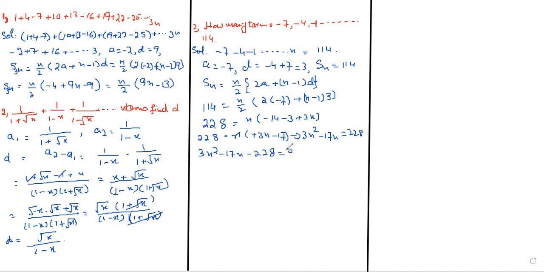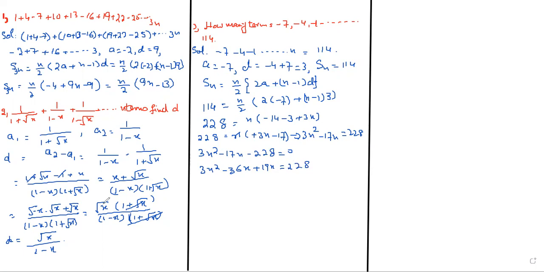So factorize it. We can factorize it using 19 and 36. So 3n square minus 36n plus 19n minus 228 equals 0.